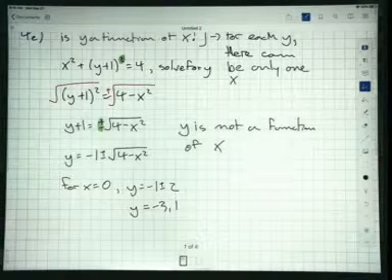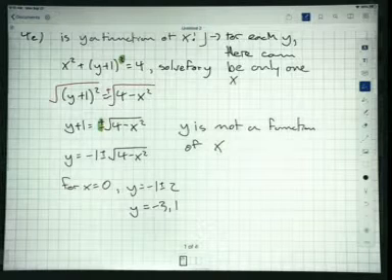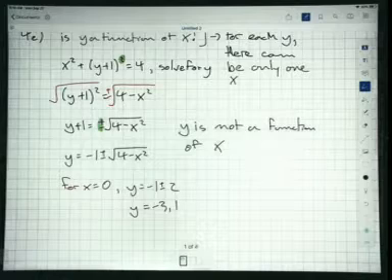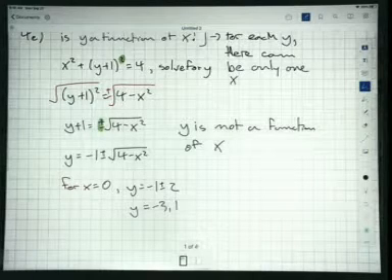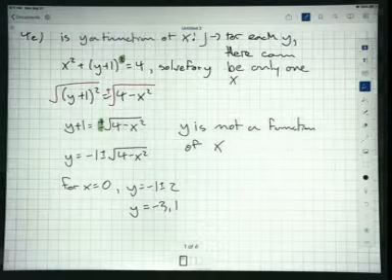Alright, what else can we look at? In fact, I want to show you something else real quickly.